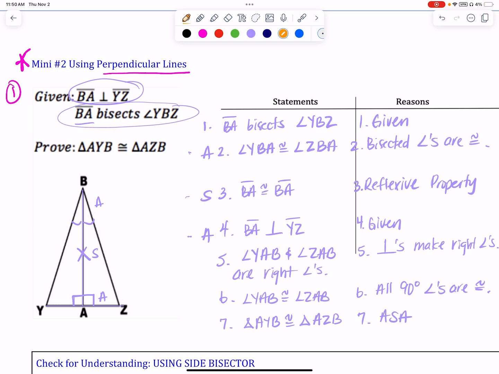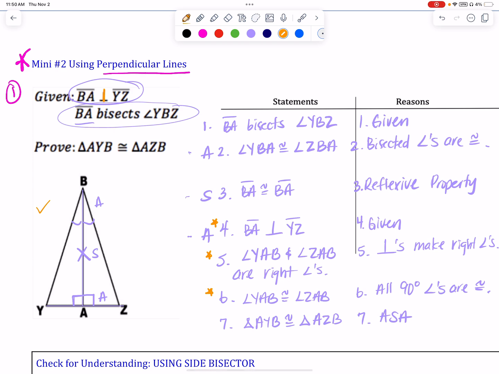Now, I annotated, I got my triangle shortcut compass. I started with the given, ended with what we had to prove. Now, please star steps 4, 5, and 6.